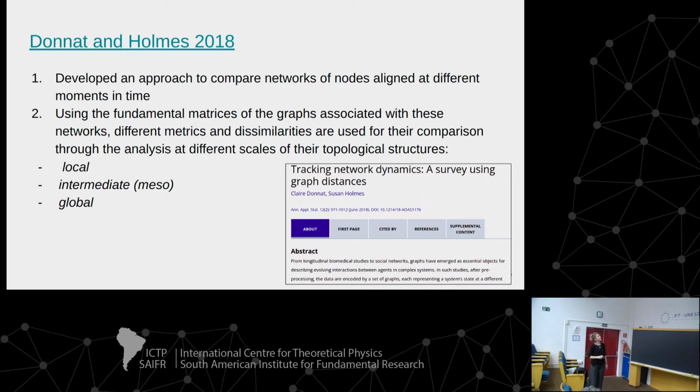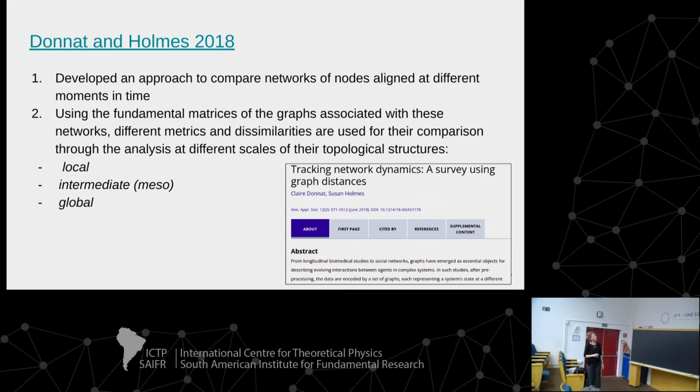Using the fundamental matrices of the graphs, which are exactly what I'm using, because these are the matrices of the flows, where I have the nodes and the links are the flows. These are my transition matrices associated with these networks. Different metrics and dissimilarities are used for their comparison through the analysis at different scales of their topological structures. So this is exactly what I want to do.